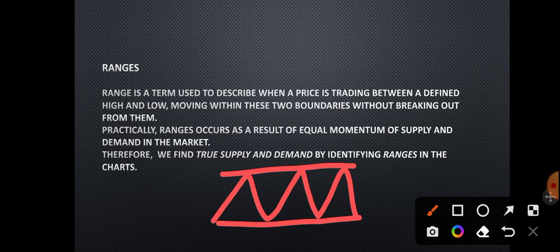And we know that for price to break upwards, it means that demand was stronger than the supply here, because it was the supply here that brought price to this place. So if the demand here becomes stronger than the supply here, the price will break up above.